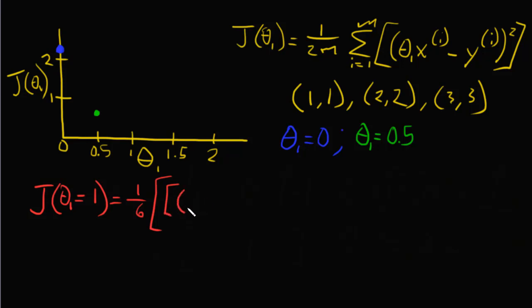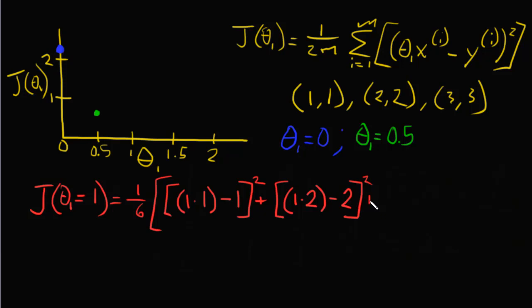I'm going to have my slope, 1, times the x value of the first point, 1, minus the y value, 1, quantity squared, plus my slope, 1, times the x value of the second point, 2, minus the y value of the second point, 2, quantity squared, and then plus my slope, 1, times the x value of the third point, 3, minus the y value of the third point, 3, quantity squared.